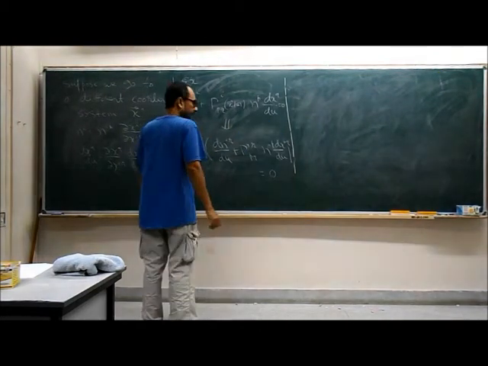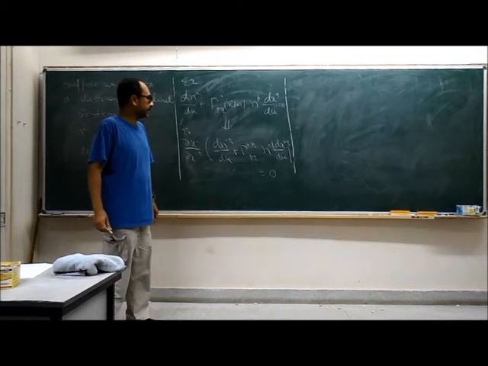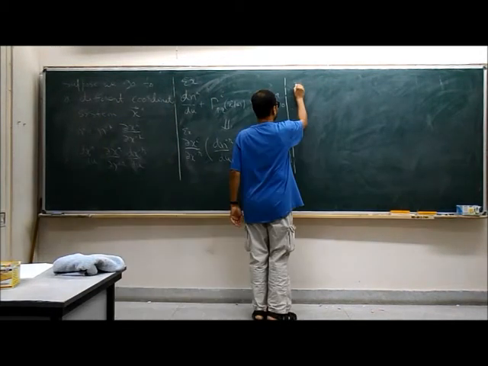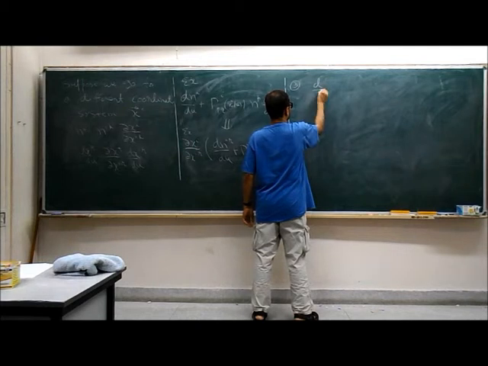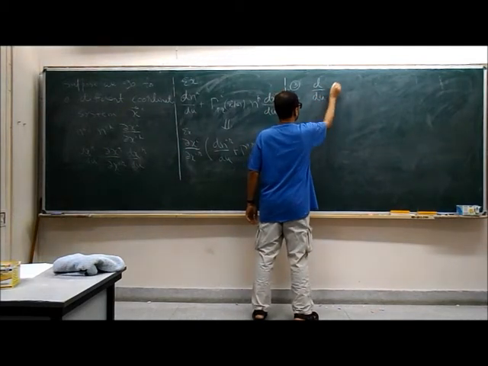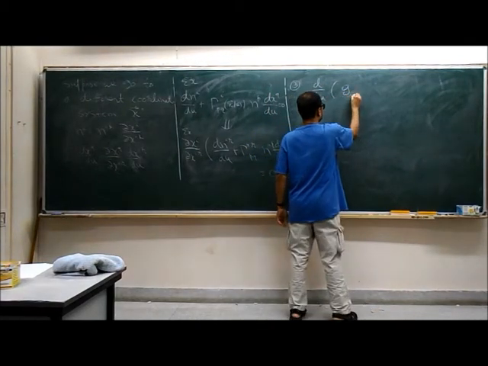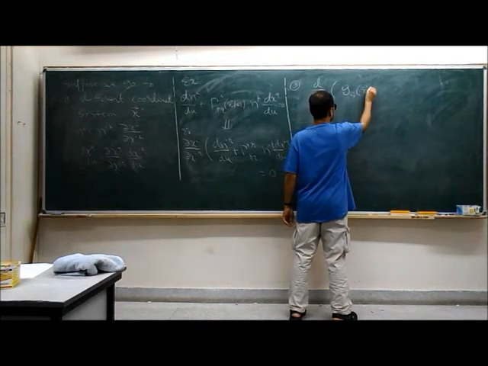The third identity, which is also useful, is the d/du of Gij of x.